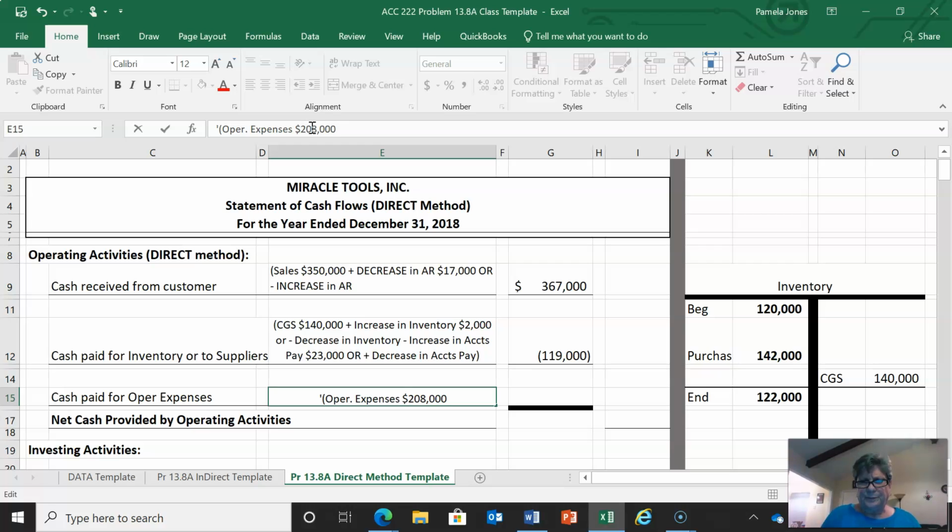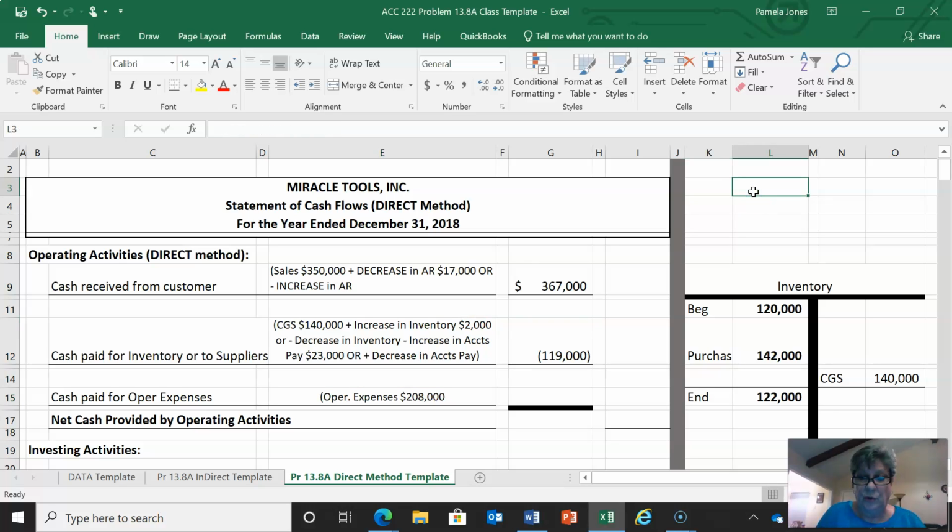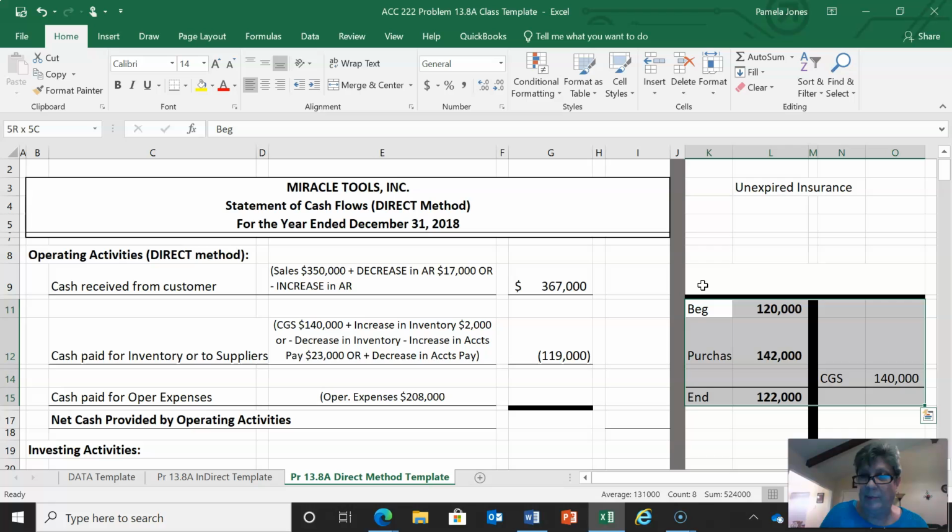Now, as I said before, that could be related to insurance. So we might have to look at the unexpired insurance account to adjust to get to the cash effects. Excuse me while I clean this up a bit because it will confuse us otherwise.